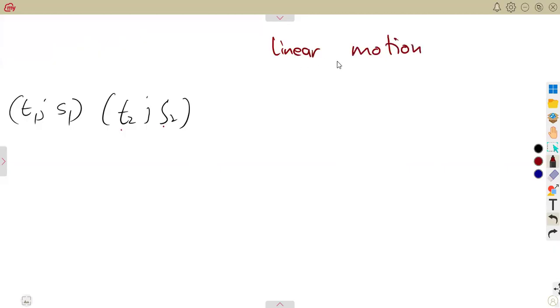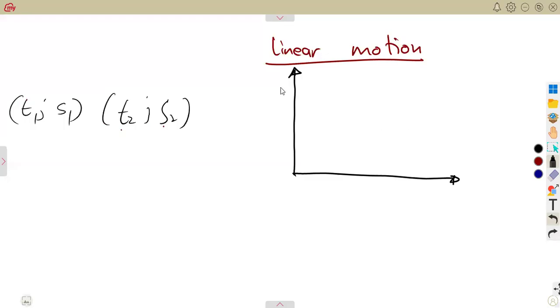Remember from our engineering science, there we talk of linear motion where the object is given when we are referring to the displacement, but taken from a straight line. So here you'll be given your displacement and you'll be given your time.